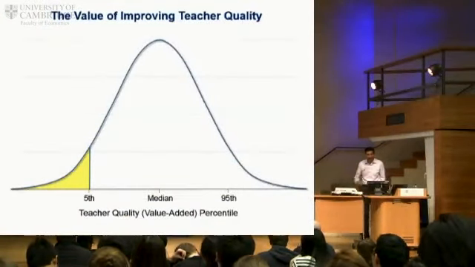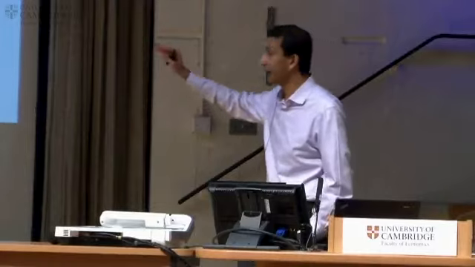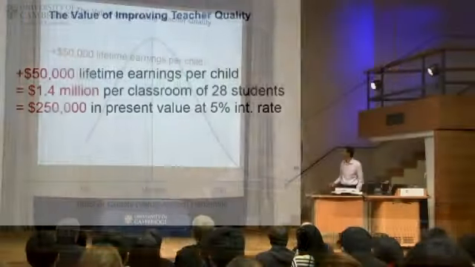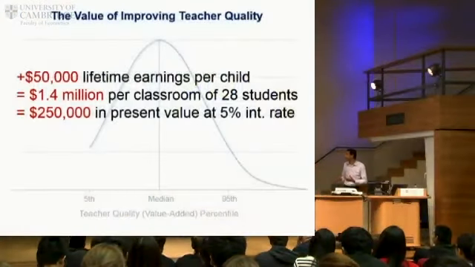The estimates that I've just shown you imply that that will increase the lifetime earnings of a given child, undiscounted, by $50,000 over the course of their life on average. And that adds up to roughly $1.4 million per classroom of 28 students, which is the average size of US classrooms, which is worth, if you think about it from an investment perspective, about $250,000 in present value around age 10 or 11 if you're discounting at a 5% interest rate.